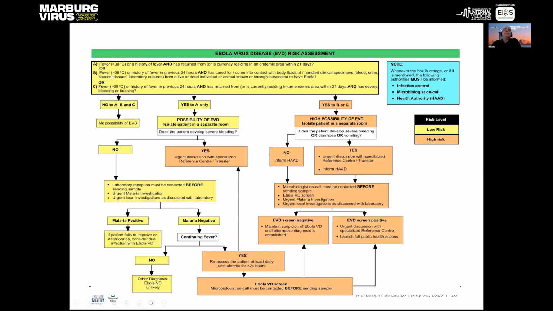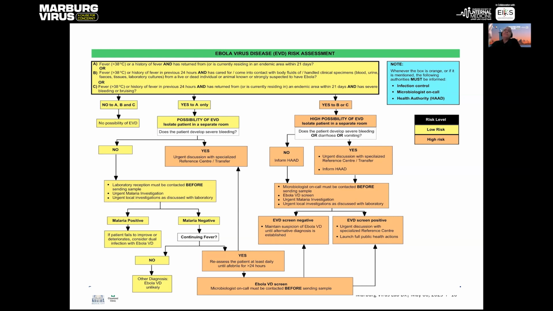And the criteria are fever and travel history, or fever and exposure and travel history. Now, if neither of them is present, then there is literally a very low possibility of Marburg or Ebola viral hemorrhagic disease. And if you have a patient in category B or C, so with exposure, you would automatically classify him as a high risk.